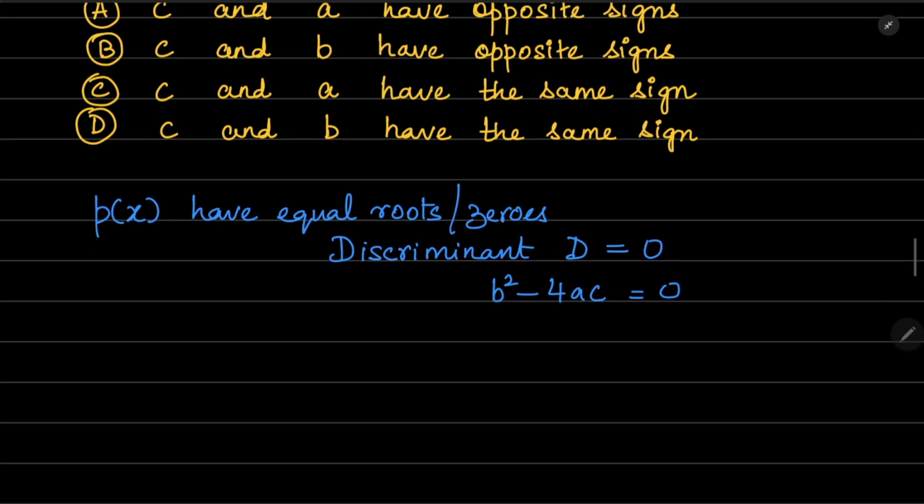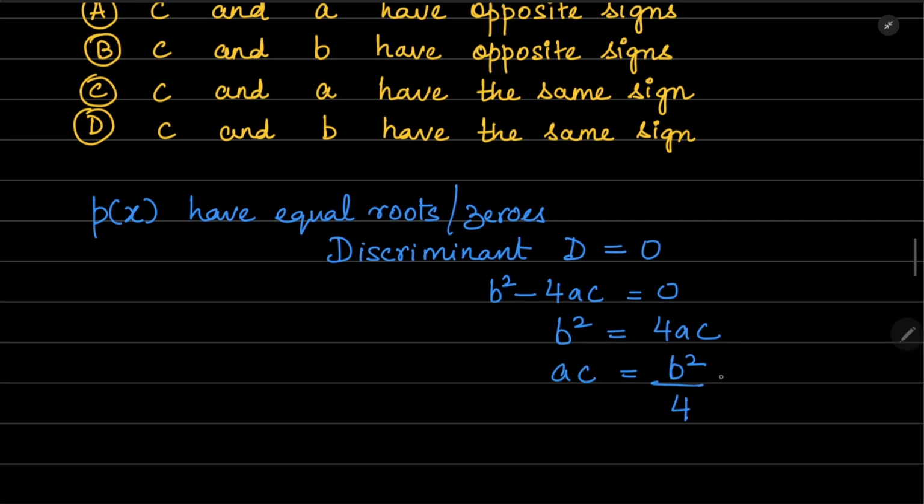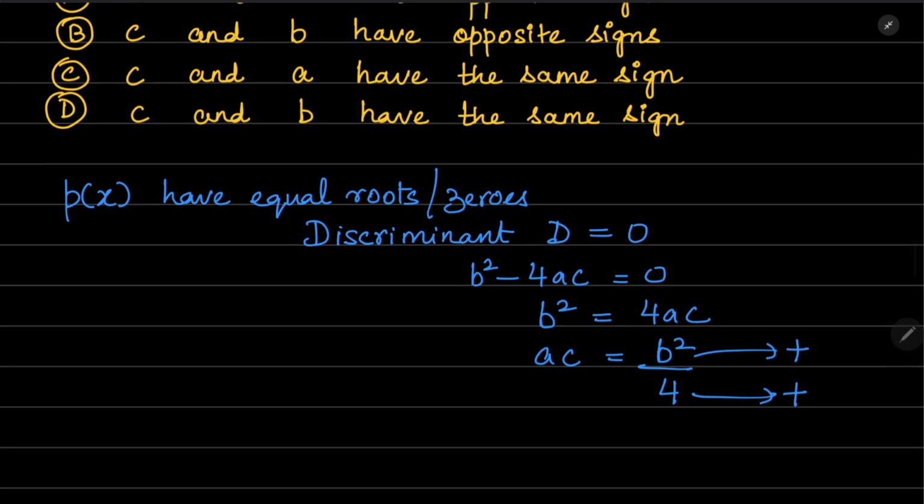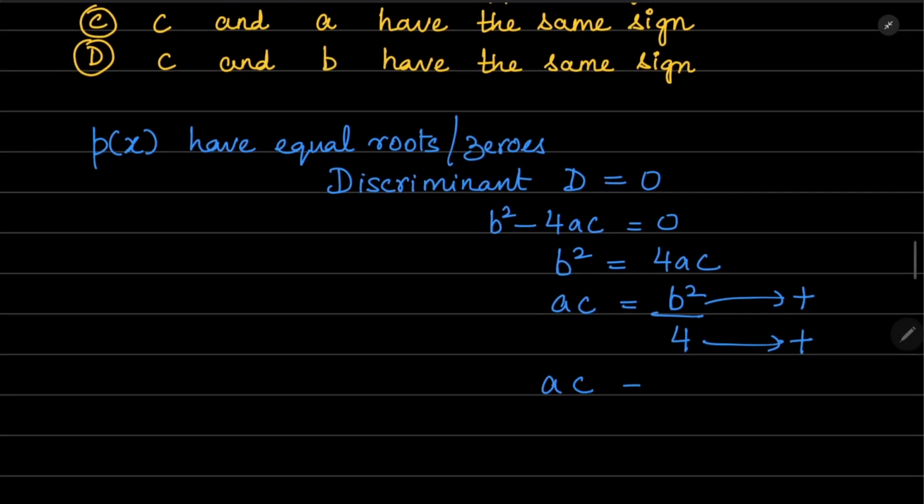So in our scenario, b square is equal to 4ac, right? ac will be b square divided by 4. What is b square? Any number square is always going to be positive. 4 is also positive. So positive by positive, a and c will also be a positive number.